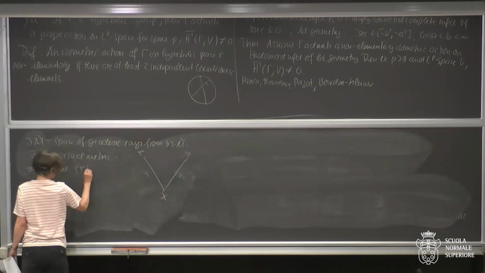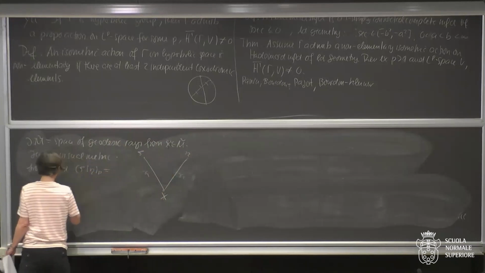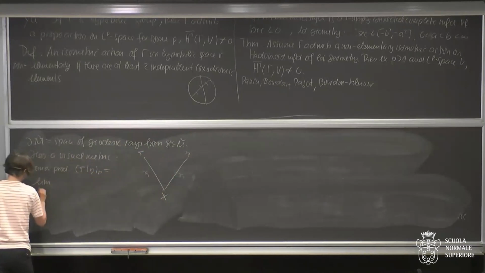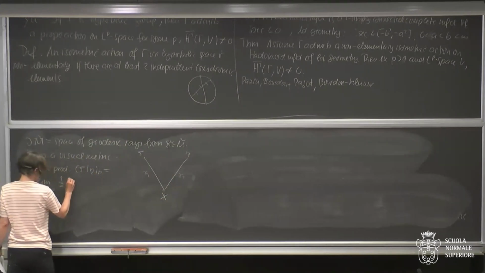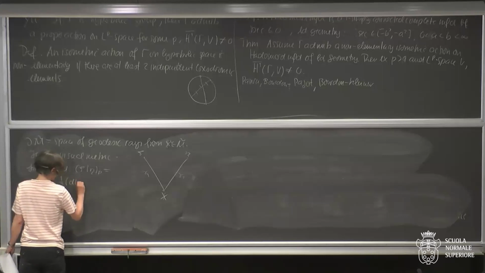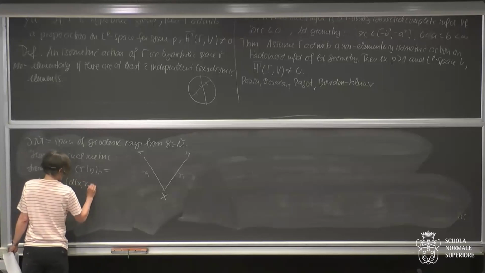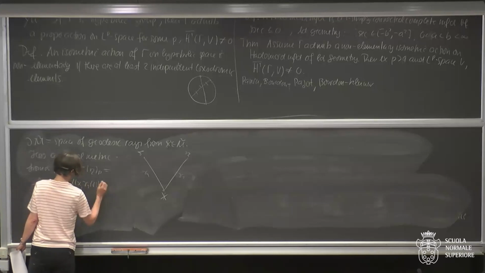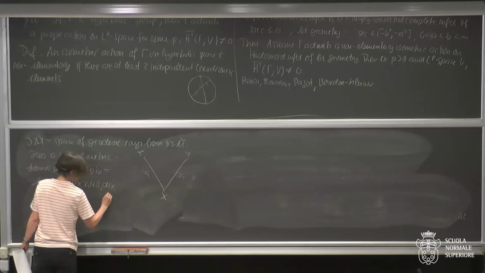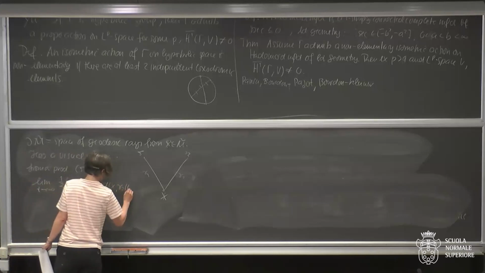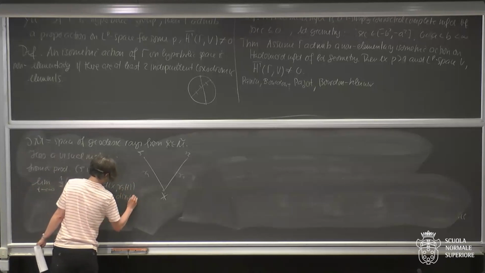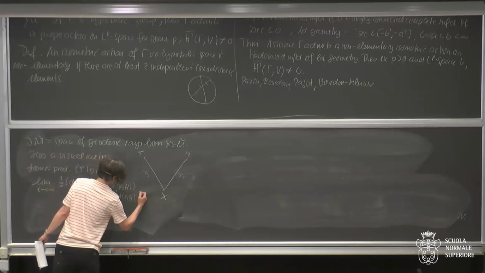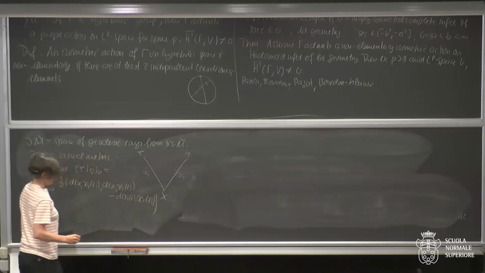Between psi and eta at the point x, this is equal to the limit as t goes to infinity of 1/2, for aesthetical reasons, times the distance between x and gamma 1 of t, which is t, plus the distance between x and gamma 2 of t, which is t, minus the distance between gamma 1 of t and gamma 2 of t. So that's the Gromov product.